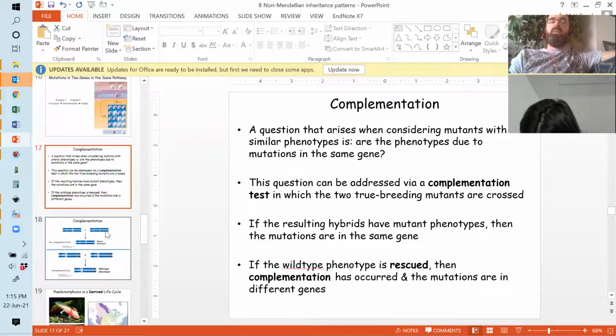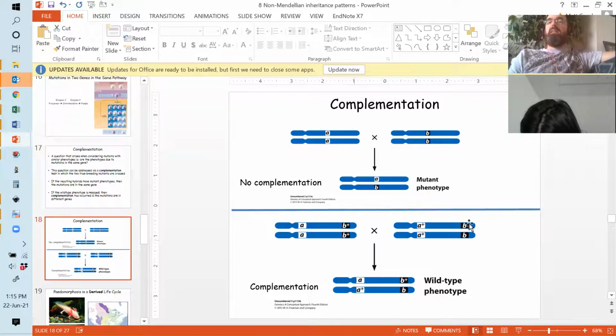Essentially, if you have two different homozygous recessive individuals, or two individuals that express the same mutant phenotype, if you cross those individuals together, you should get a heterozygote, right? Now, if both of those alleles are in one gene, you'll get a heterozygote, but you'll still not get function.